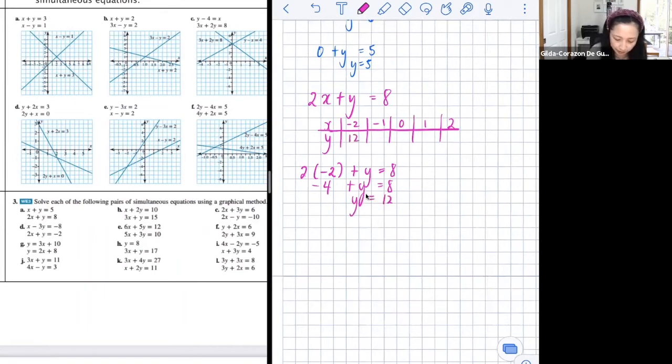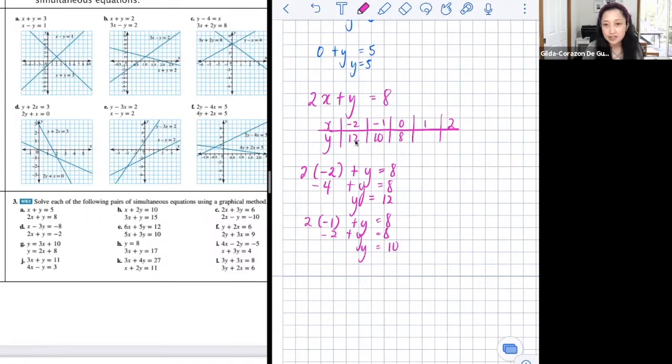And then we replace: 2 times -1 plus y equals 8. That's -2 plus y equals 8. Therefore, y must be 10. And if x is 0, then 0 plus y gives you 8, so it makes sense that y must be 8.